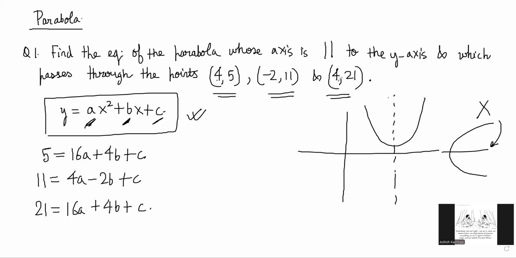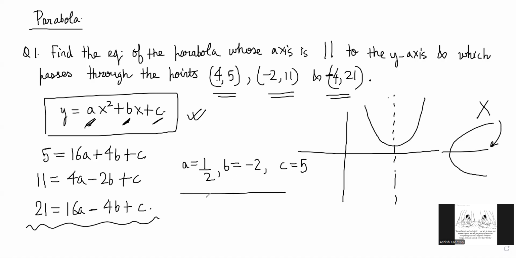Actually, this is wrong. x is -4. It cannot be that you have two different points with the same x and y. This is -4. So here the equation becomes 16a minus 4b plus c. So now you just have to solve these equations to find out a, b, and c, which you can do easily. You will get a is equal to half, b is equal to -2, and c is equal to 5.